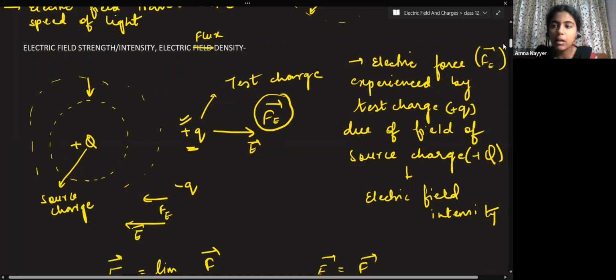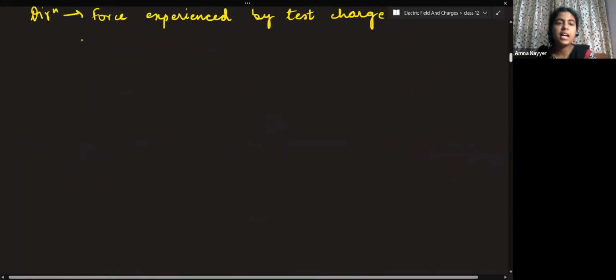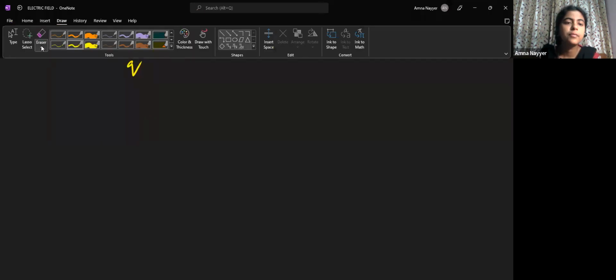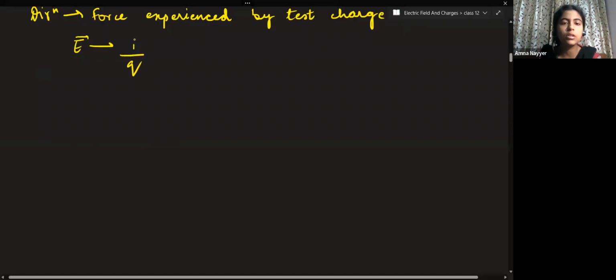Now see, regarding the SI unit, electric field is force per unit charge, as we have seen, the force experienced by the test charge. So write to me in the chat box right now.